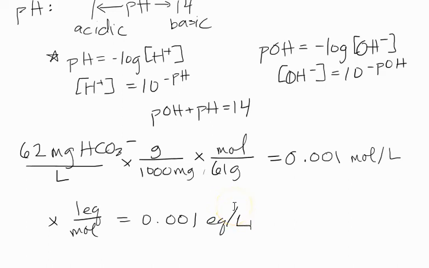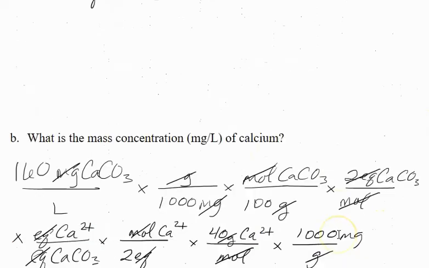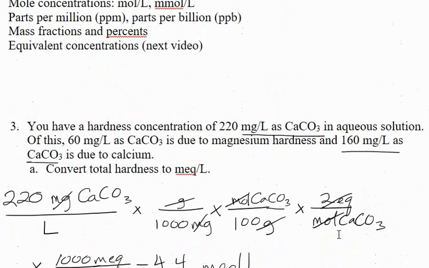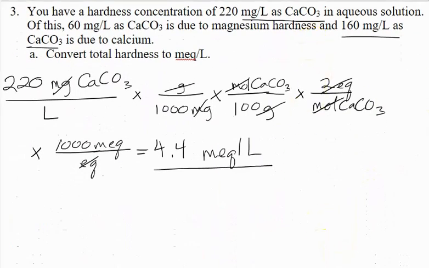So there are our 2 example problems. We've got one where we've got this weird unit, milligrams per liter as calcium carbonate. In order to solve that problem, we needed to use the molecular weight of calcium carbonate and the number of equivalents of calcium carbonate to get that into milliequivalents.